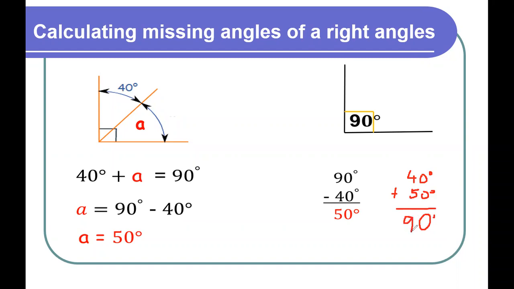It's very easy. So to find the missing angle of a right angle, you simply subtract the measurement of the given angle from 90. Now, let's have another example.